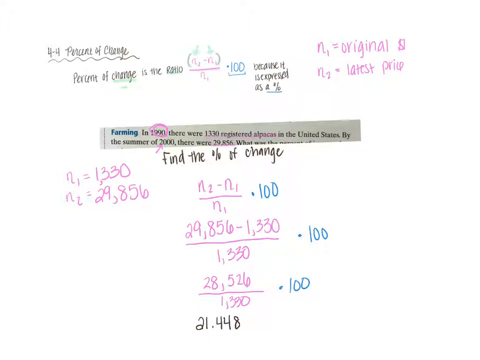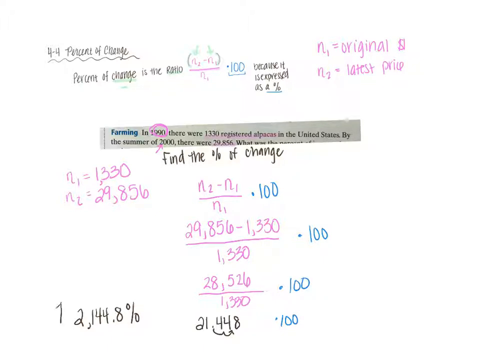I'm going to get 21.448 times 100. Whoa, this is a crazy number. You probably saw this and went, what? So remember that when I am multiplying by 100, my decimal moves how many places? 2. Good. Which direction? Good, to my right. So I'm going to end up with this crazy, wacky 2,144.8%.